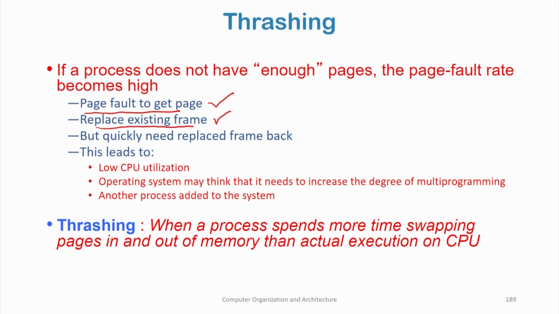It needs to replace an existing frame, but because all these pages are in active use, it quickly needs to replace the frame back. To get a page that is not there in main memory and that it immediately needs, it is replacing a page which is also in active use.